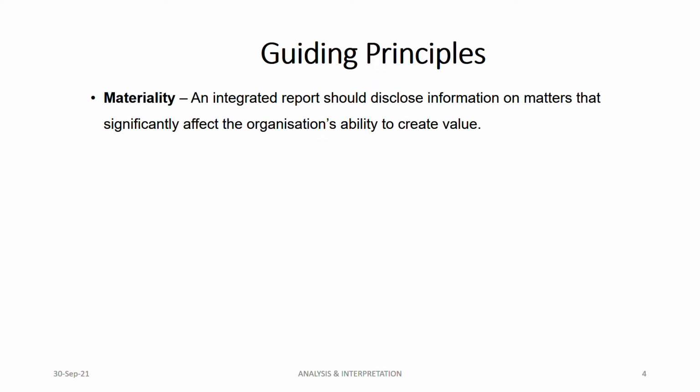There are some more. Materiality. Whatever you disclose under integrated reporting, remember, not each and every thing goes into it. Only those items or information that you feel are material, that could significantly affect the organization's ability to create value. For example, what is the value of a tech company like Facebook, Google, Amazon?